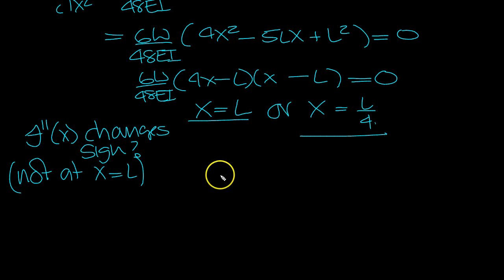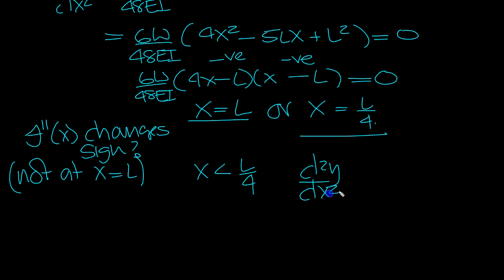So when x is just a little bit less than L over 4, this would be negative, you'd have negative times negative, wouldn't it? So d2y by dx squared is positive.